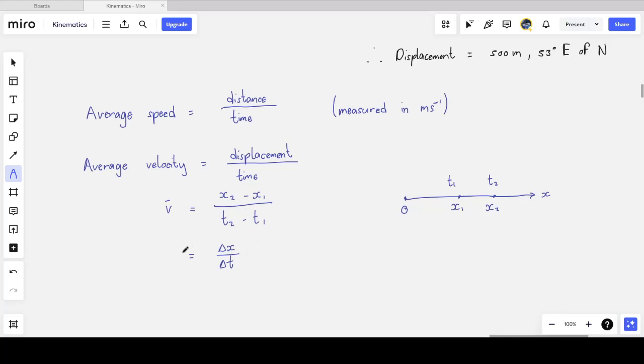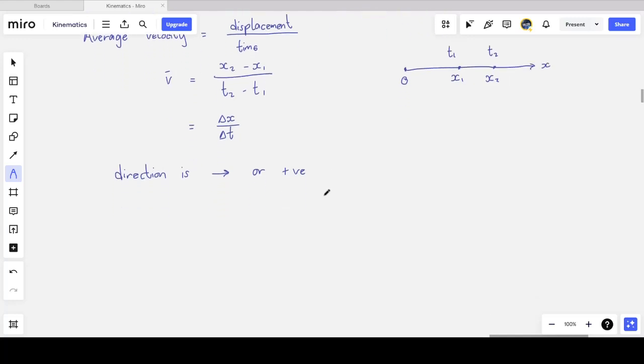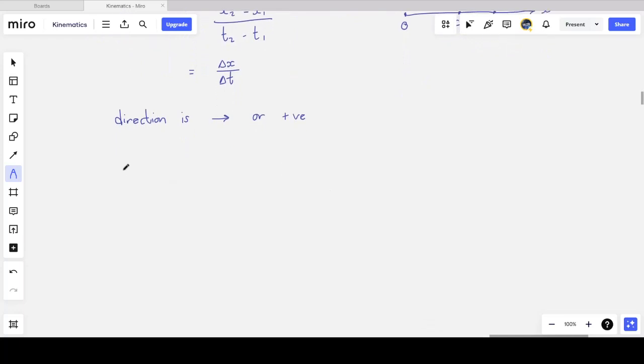And it's a vector, so it's good to say the magnitude is x2 minus x1 over t2 minus t1, but the direction here is to the right, and we usually stick to the convention that the right is positive because our number line to the right is positive. But again, it's just a convention, and we can assume whatever convention we deem necessary depending on the problem that we're working with. Now, that's average speed and average velocity.